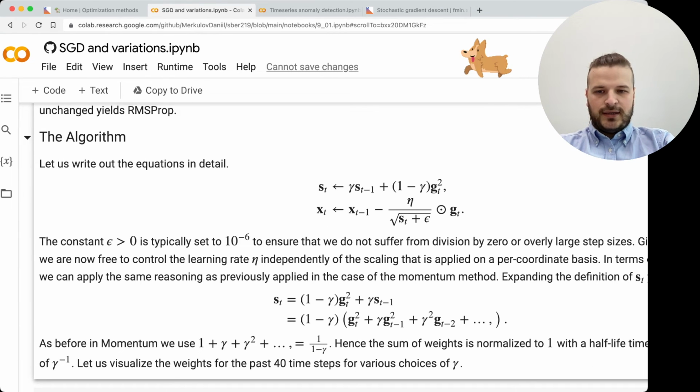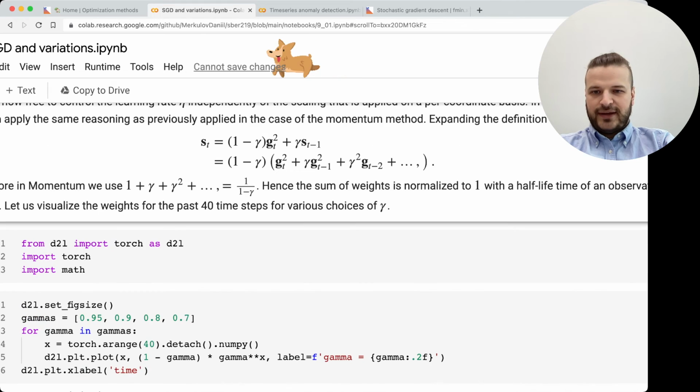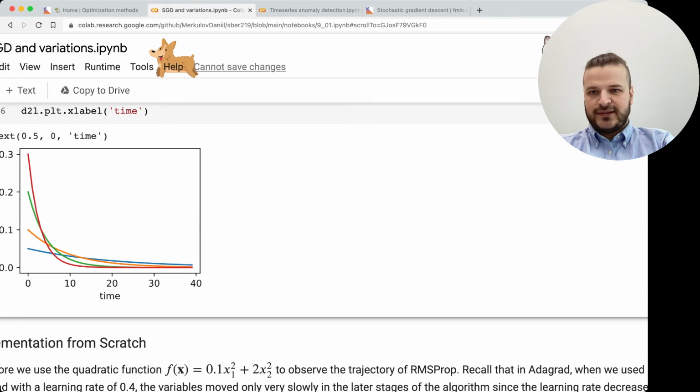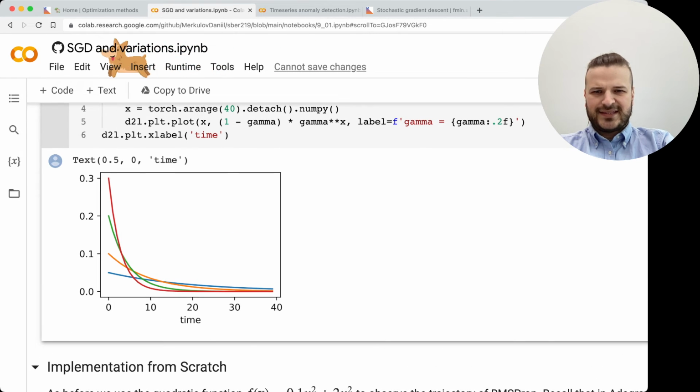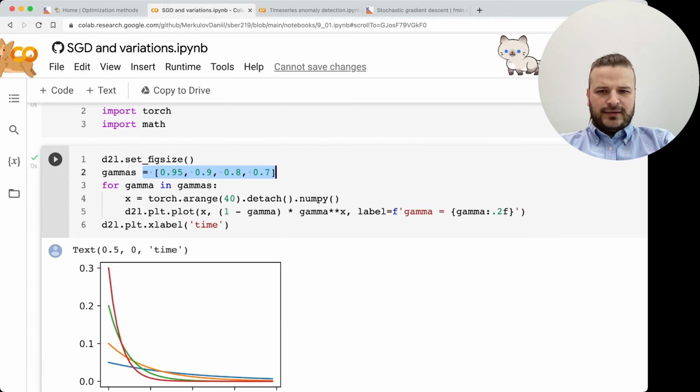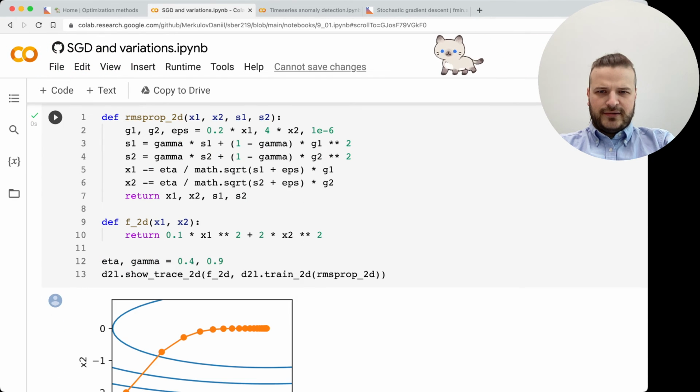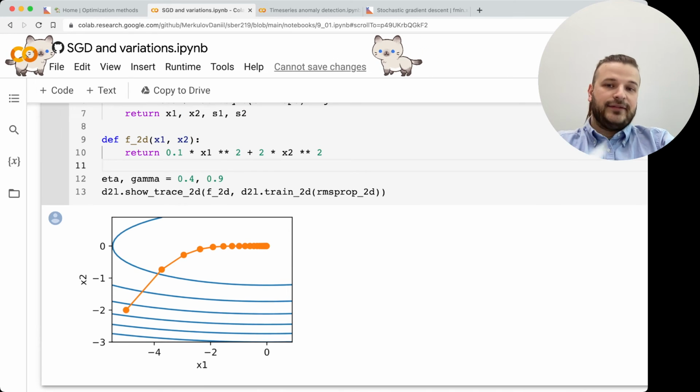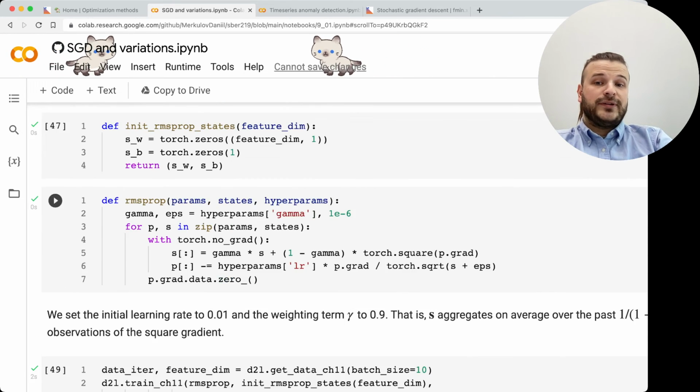Gamma is less than 1 actually. In fact, those are different gammas here. That's called RMSProp.